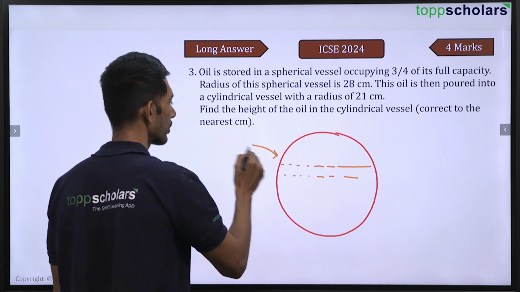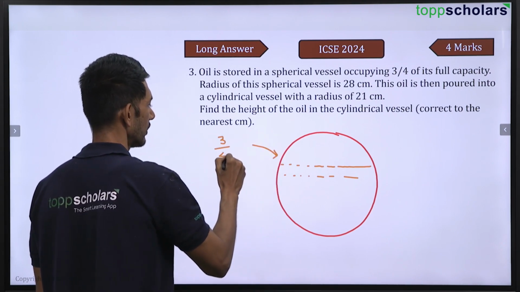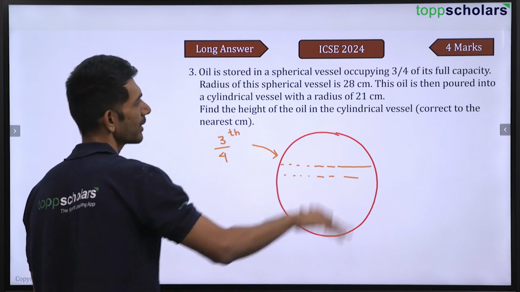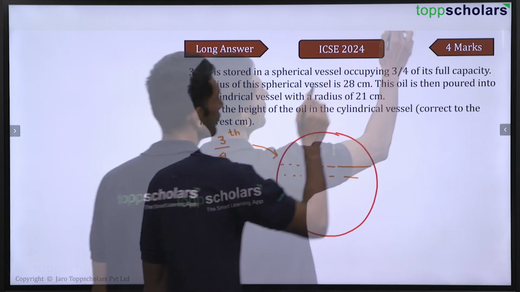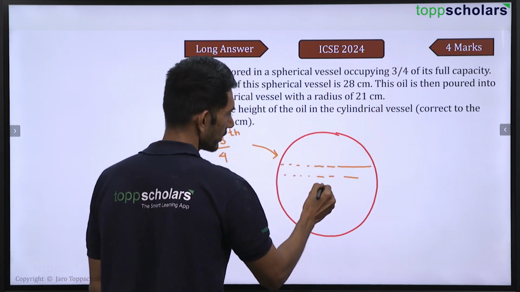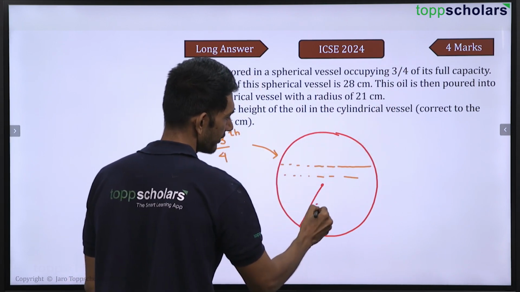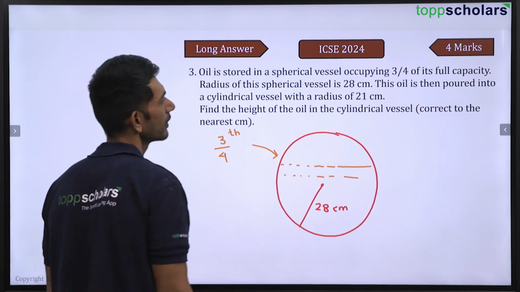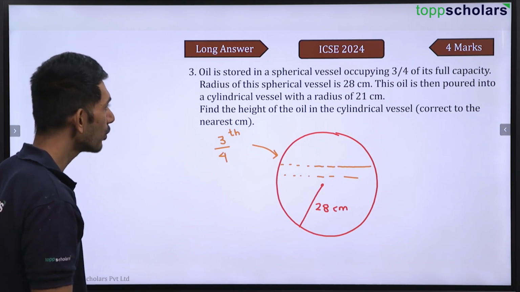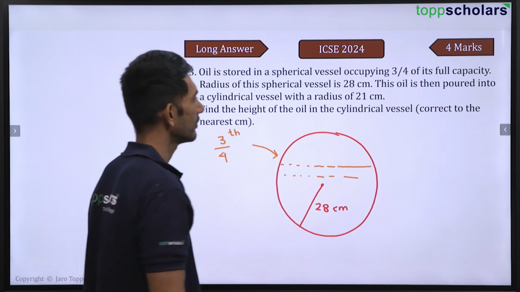It is 3/4 of the total capacity. Radius of the sphere is 28. So the radius of the spherical vessel is 28 centimeter.